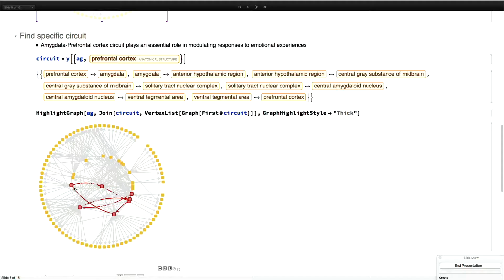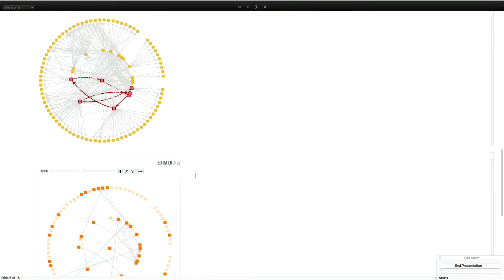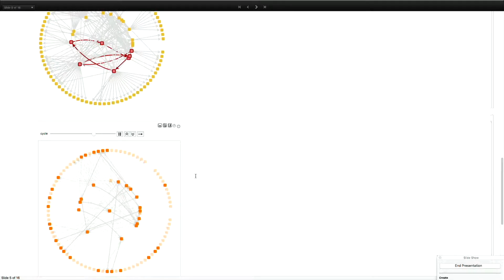So this circuit is crucial for modulating response to emotional experiences. And of course, we can find more than one circuit or loop in the network, but just for demonstration purposes, I only show two layers of the network.